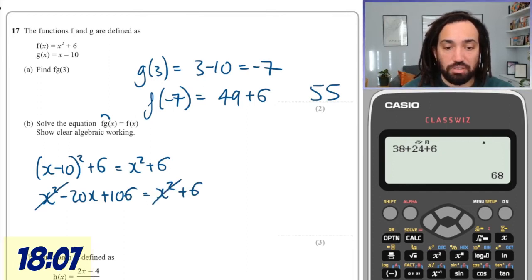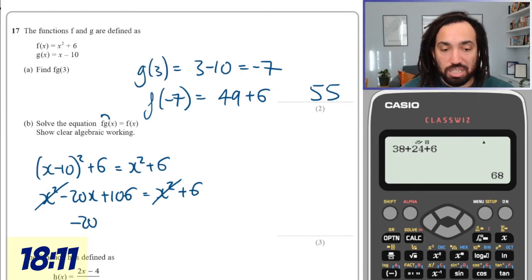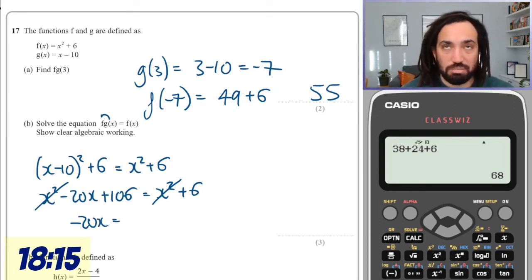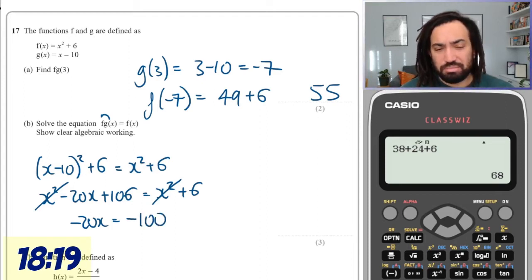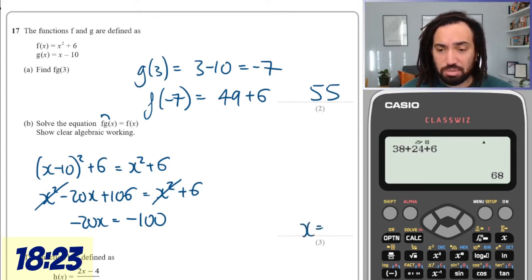The x squareds can go from both sides. We get minus 20x is equal to 6 minus 106, which is minus 100. Why does that feel uncomfortable? No, that's good. So x equals 5.